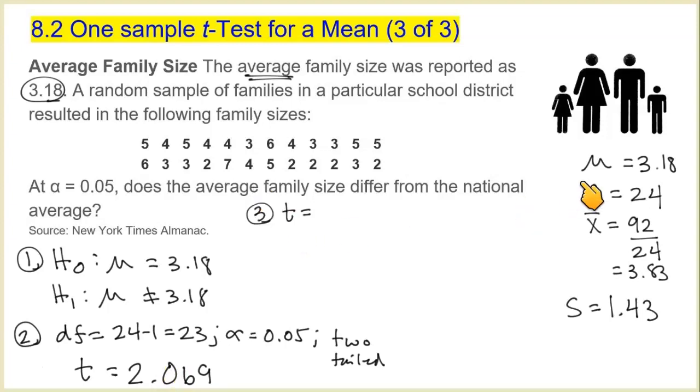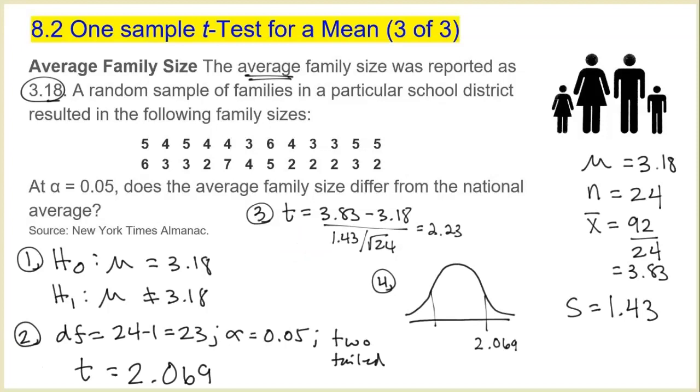So my test value, use this information here: 3.83 minus 3.18 divided by 1.43 divided by the square root of 24. And we get 2.23 for our test value. So for my decision, I already know that for a two-tailed test, we have two critical regions, and they're based on the positive and the negative value.